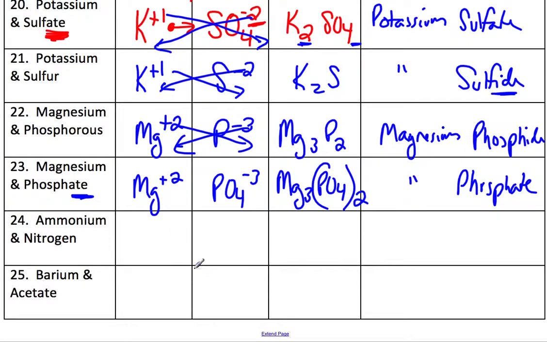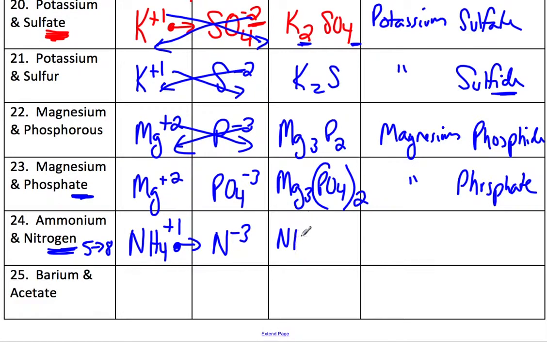All right, almost done here. Ammonium, this is your only positive guy. So ammonium is going to be NH4 +1. It wants to give away 1 electron. Now this is nitrogen right off the periodic table. Nitrogen's in group 5. It needs 8 electrons. So nitrogen's going to gain 3. So ammonium says take 1. And nitrogen says I need 3. That's not enough. So ammonium says we'll go find some friends.